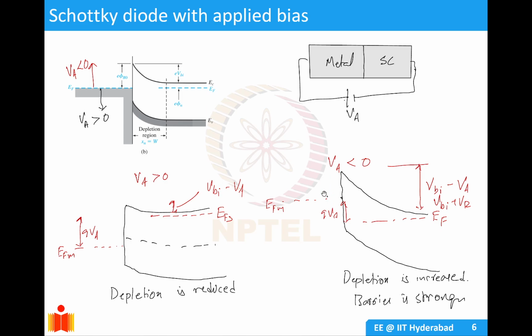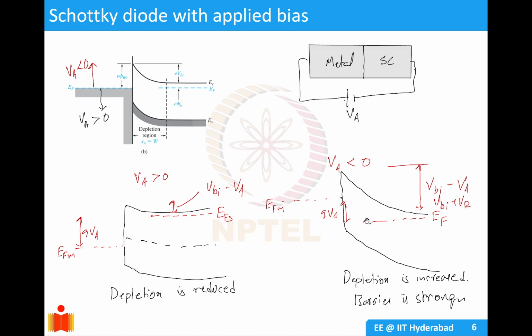So the metal potential is pushed up, the barrier is also pushed up accordingly, and it increases the built-in potential, which is Vbi minus Va, and since Va is negative, we replace it with VR, so it becomes Vbi plus VR, where VR is your reverse bias voltage.